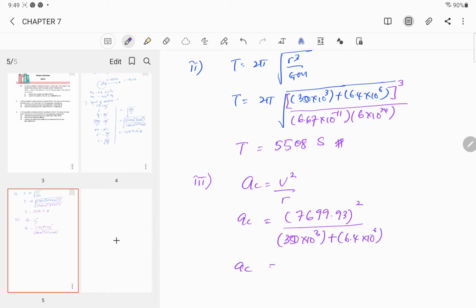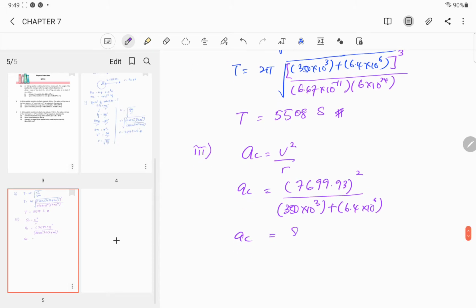Okay, so you will have your ac, which is 8.784 meter per second squared.